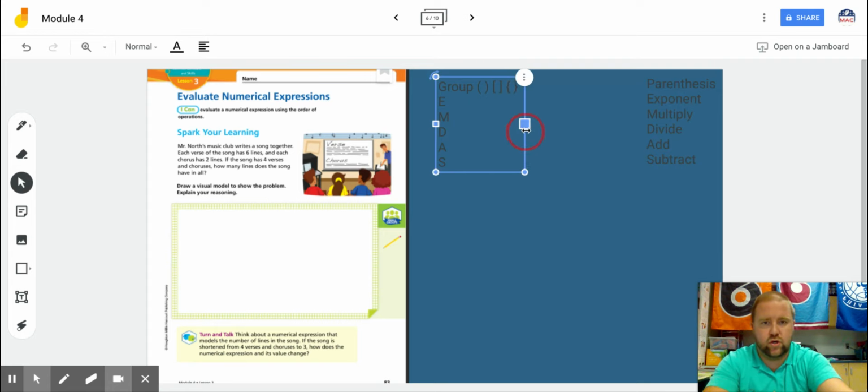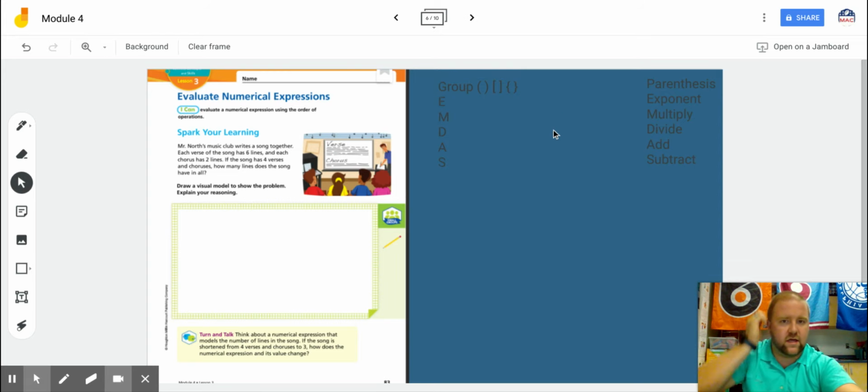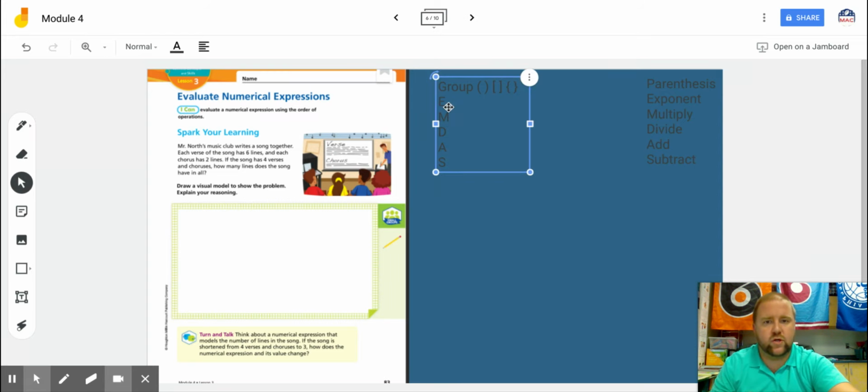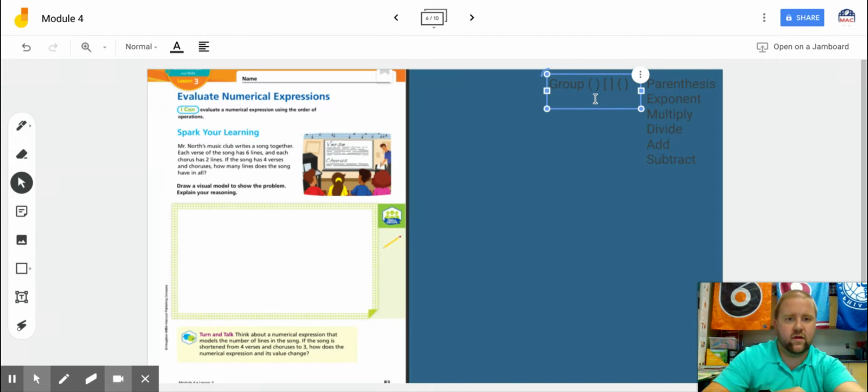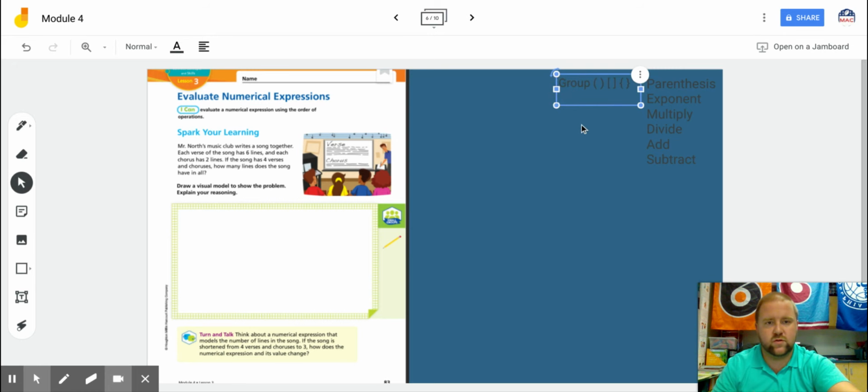It's still the same idea, but I just wanted to make sure to give you both of those examples. And what I'll do is move all the rest and just leave the G there so that you also know that there's not just parentheses, but also the other examples as well.